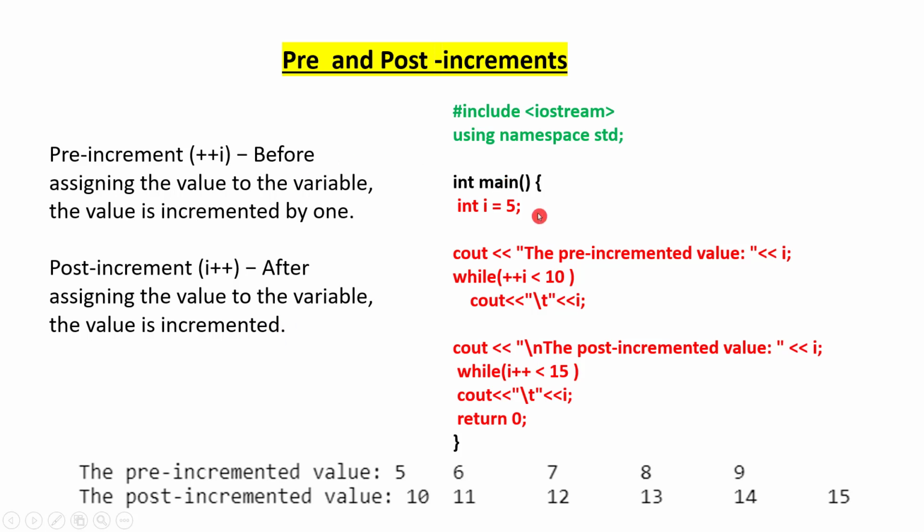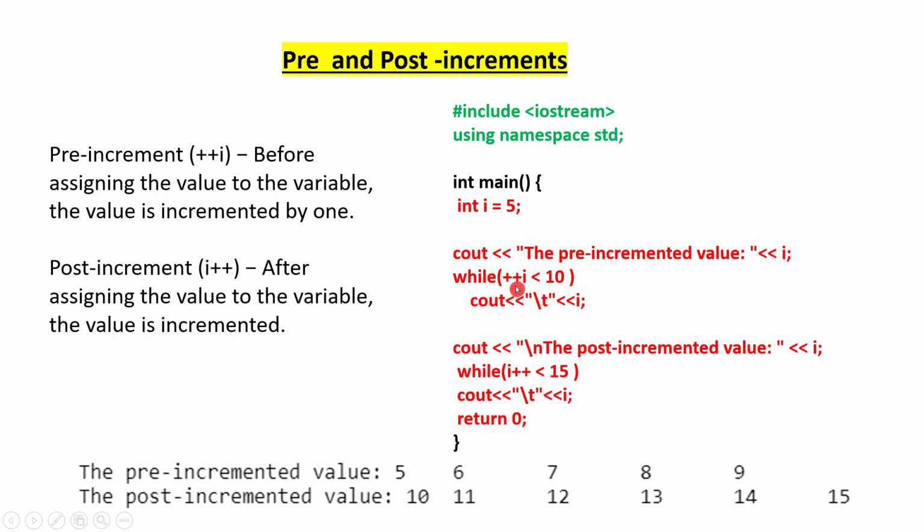Yeah, that means you can see here, 5 is here, then plus plus I. So before assigning the value to the variable, the value is incremented by 1. You have the first value 5 here. Suppose in the pre-increment the value is incremented before the execution.